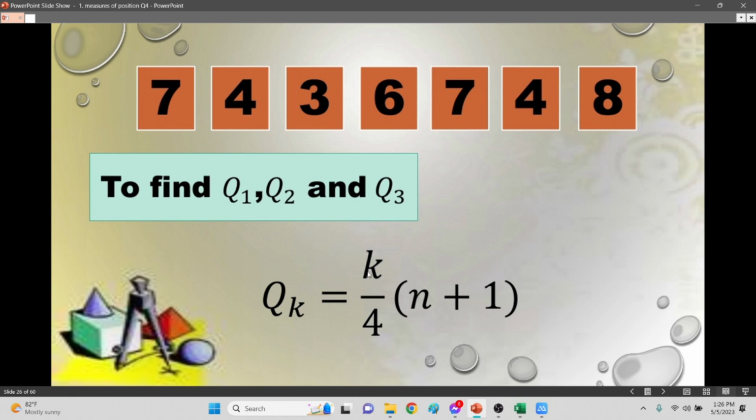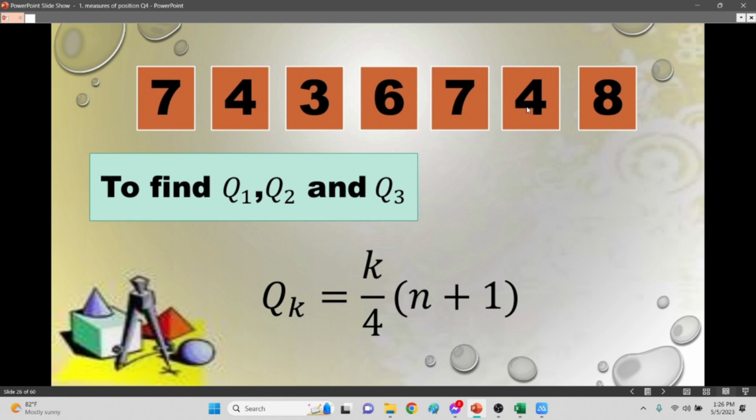Our k is the number of the quartile, so papalitan mo lang yung k kung anong quartile yung hahanapin mo, halimbawa 1, 2, 3. If your k is 1, then the value here for your k is also 1. How about our N? N is the number of data, kung ilan yung piraso ng data na gagamitin natin.